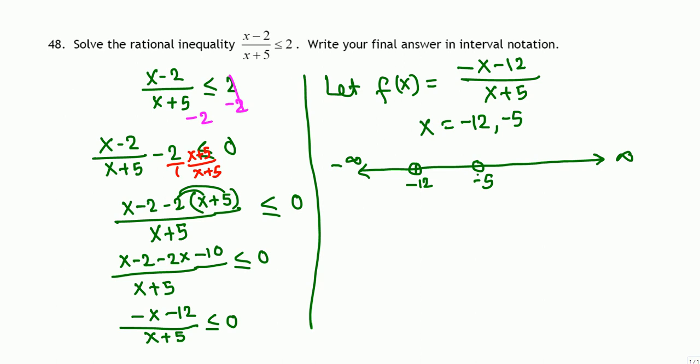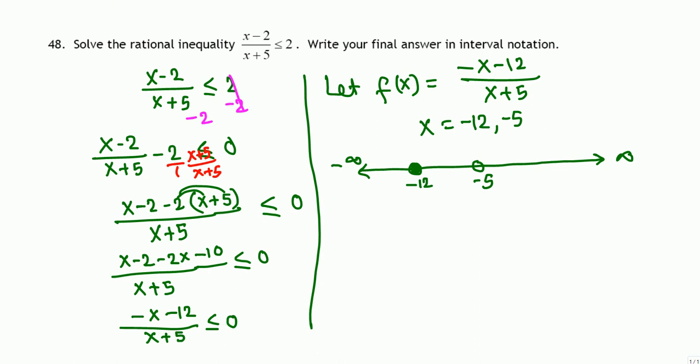We cannot include −5, which means later we have to write parentheses. But −12 is coming from the top, so we use a bracket when we write the answer, because we are finding less than or equal to 0. So this will be a bracket.